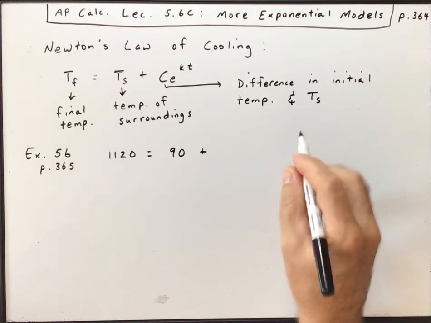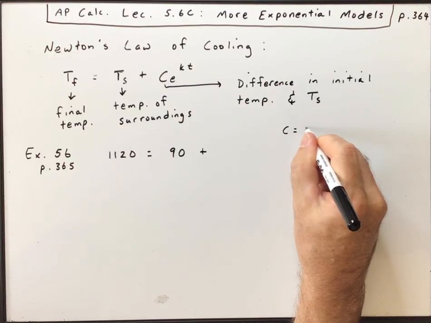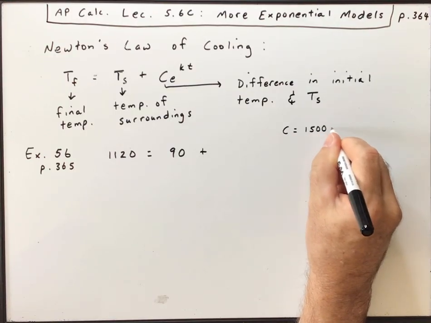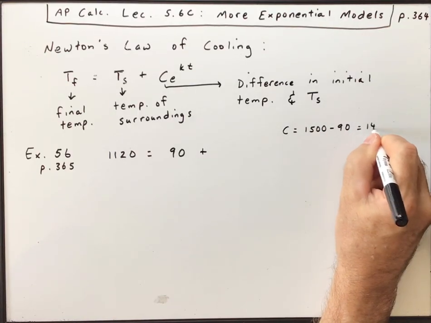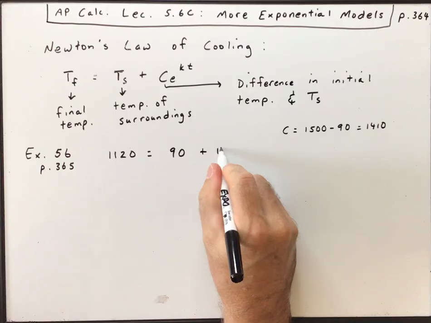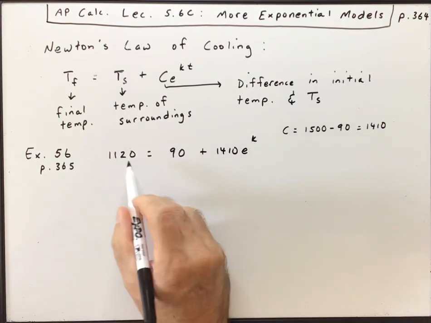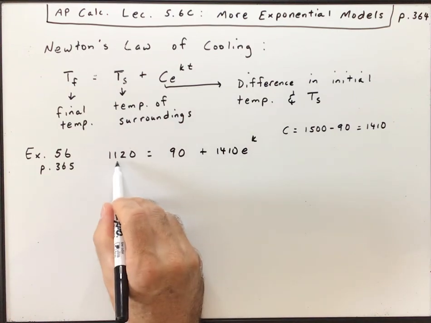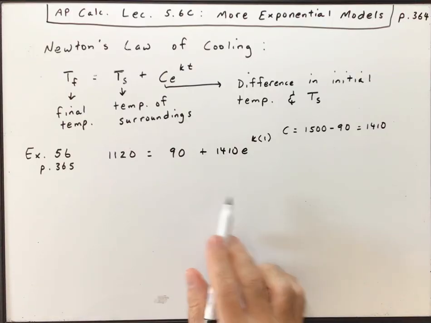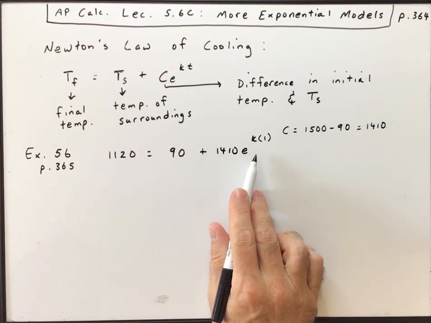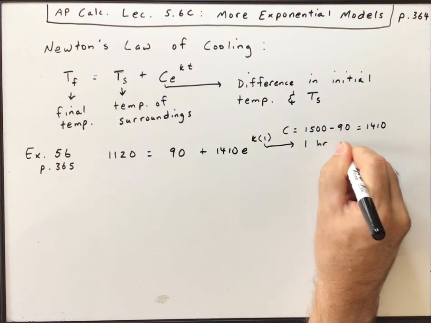Plus, okay, for this problem, C is equal to the initial temperature 1500 minus the temperature of the surroundings. So that's 1410. So 1410 e to the k, and it took an hour to get to 1120. So this is kind of our initial data to form a model. So that one is 1 hour of cooling.